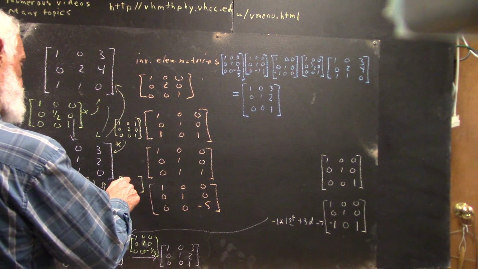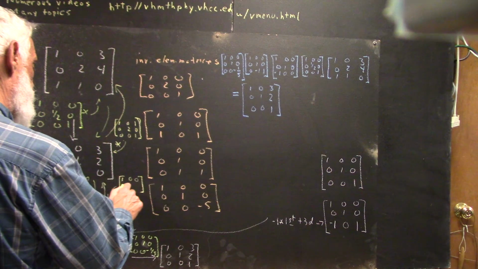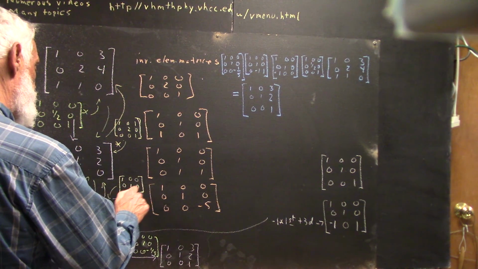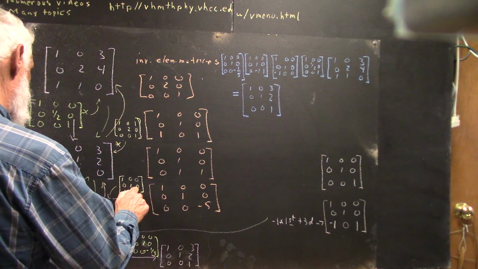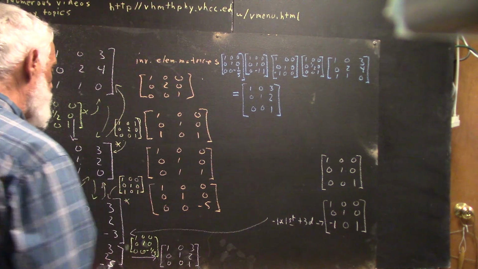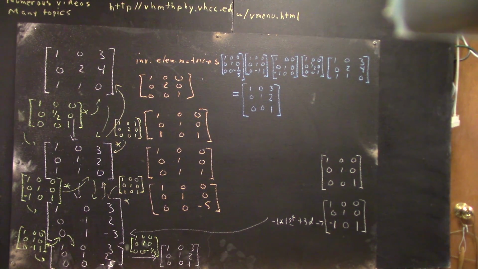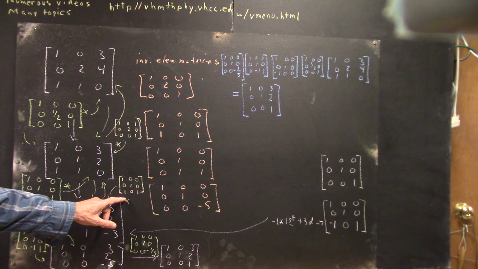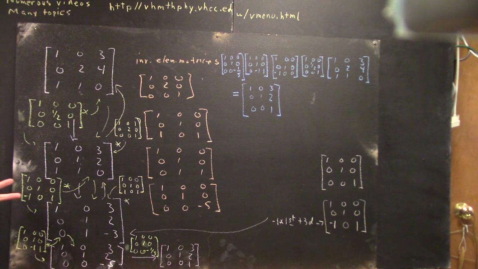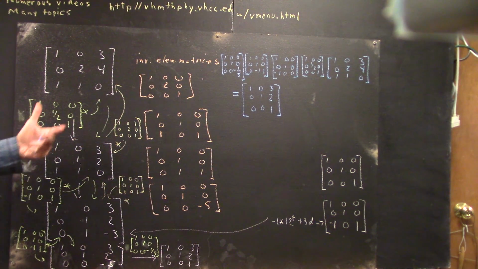So adding the first row of the identity to the third row gives me this. So the inverse of this matrix is this matrix where this -1 in the inverse is going to be a 1. Again, if you multiply this by this, you see how that works.